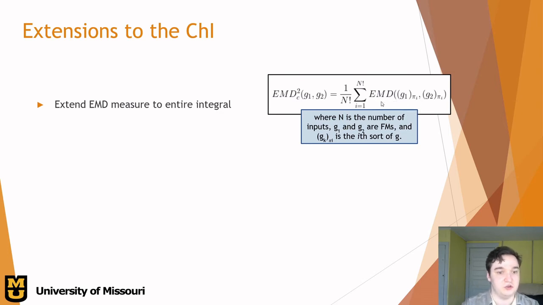We're going to use the earth mover's distance on each LOS pair and sum that, then divide by the total number of linear order statistics to get the average distance between the Choquet integrals. So this formula describes: if you were to select any random linear order statistic, any random fusion strategy in this integral, how far would it be from the same fusion strategy in this other integral.